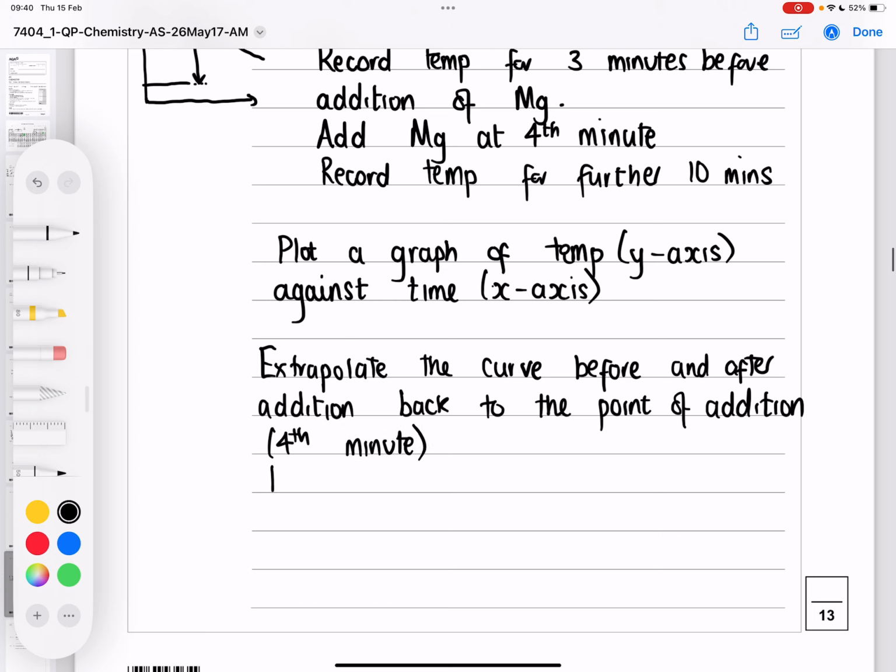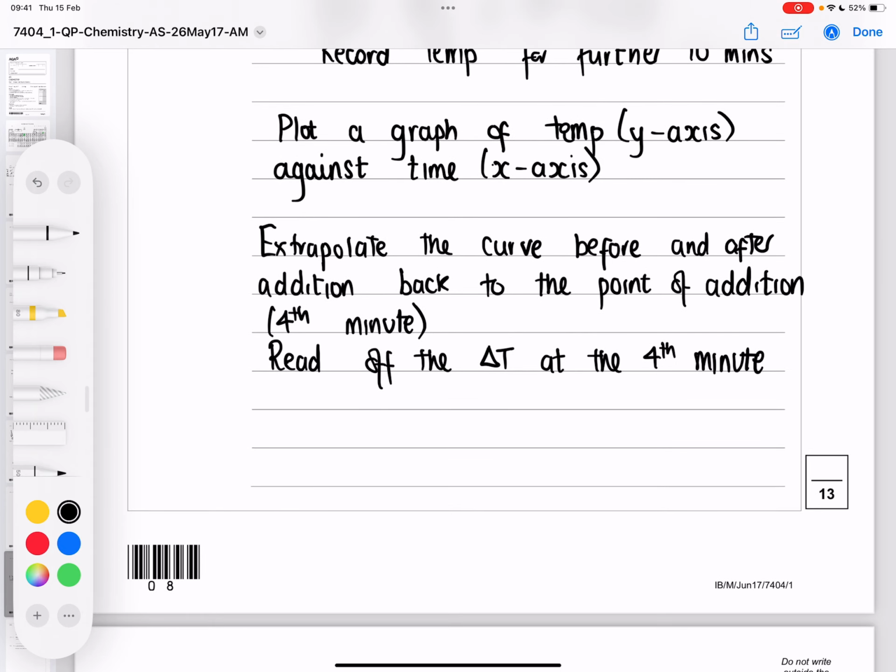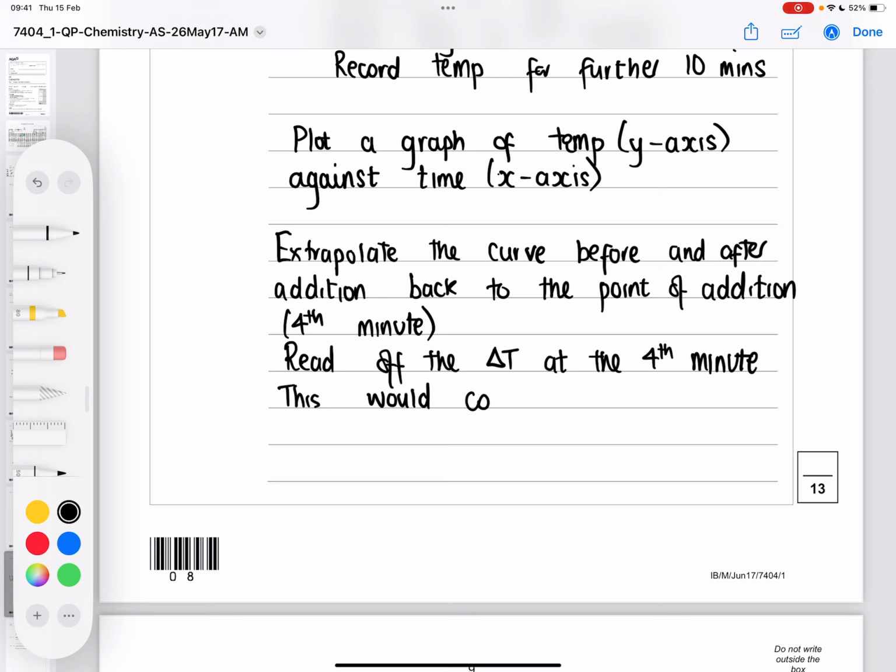We could then read off the delta T, the temperature change, at the time of addition, at the 4th minute. For us, that's when we've said that we've added it. Okay, and this would correct for some cooling to the surroundings, because we're looking at the rate of cooling in the environment.